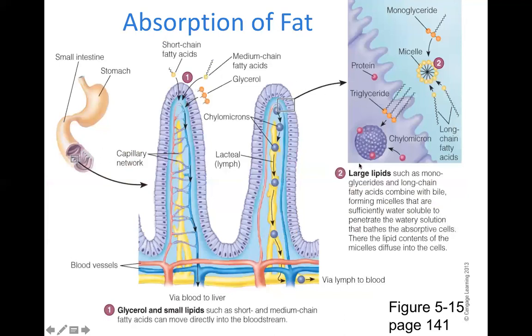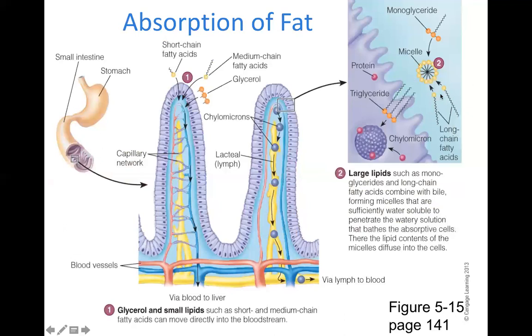Larger fats, however, as shown in number 2, cannot go directly into the bloodstream because remember, fats are hydrophobic and the blood is hydrophilic. So when we break down our fats, for example, we have a monoglyceride. That monoglyceride can be separated into individual fatty acids.